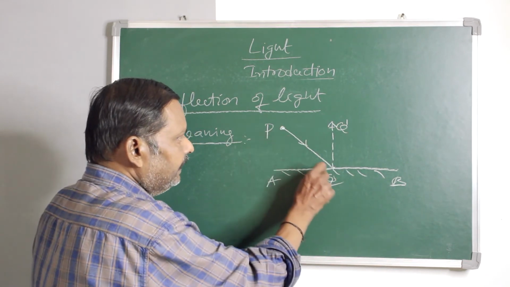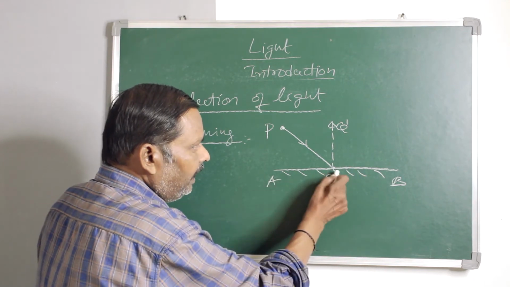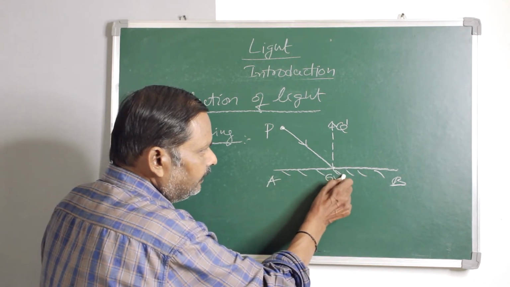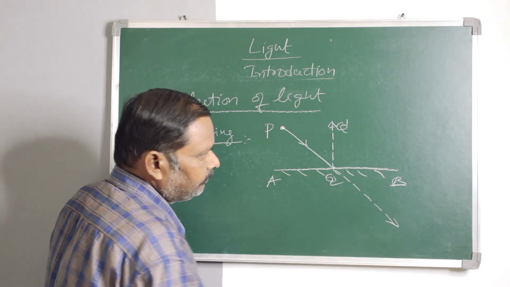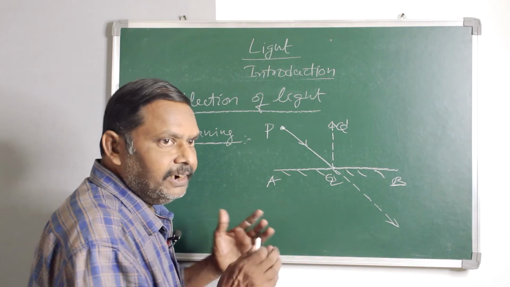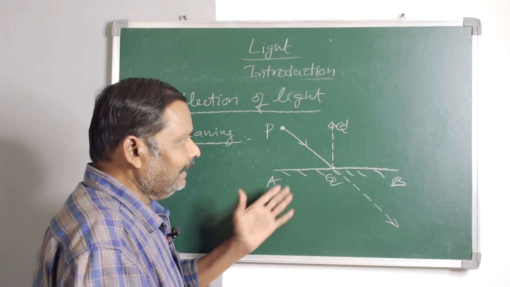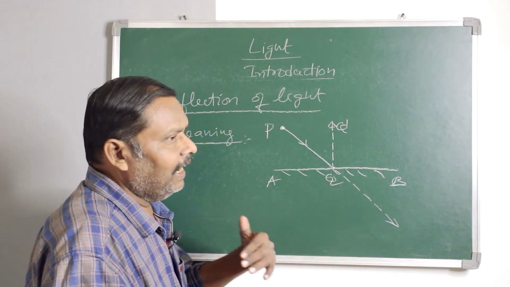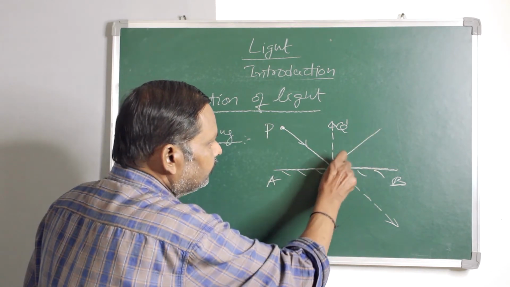So this is the incident ray. If this opaque object is not there, the light ray may travel in this direction in a straight path. But because we introduced the opaque object in the path of the light ray, it cannot travel in this direction and it bounces back into the same medium as shown in this figure.